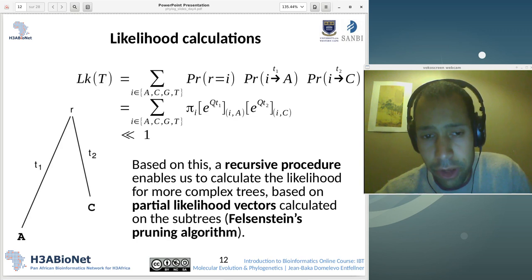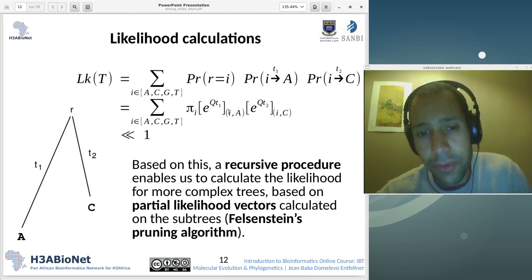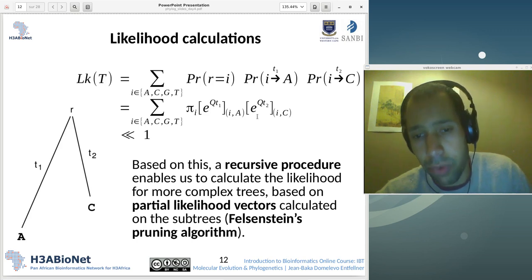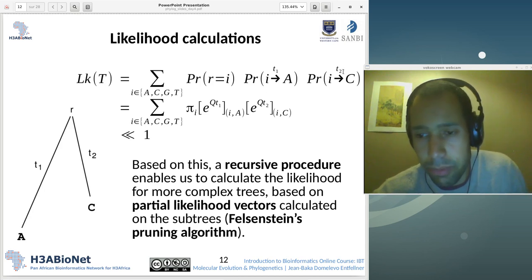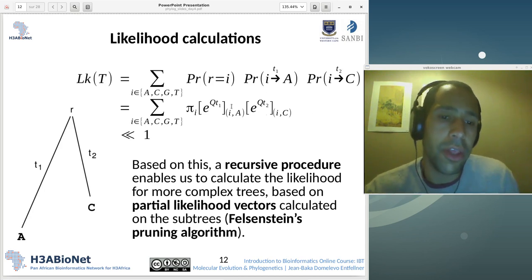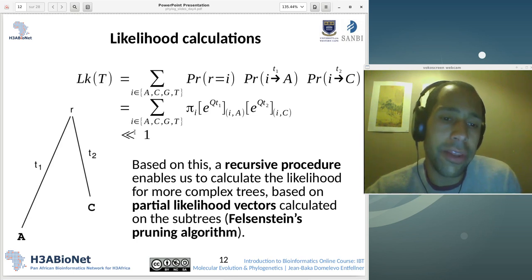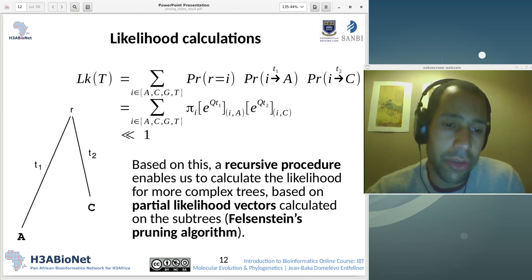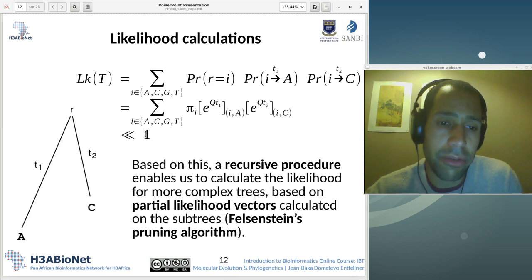The exponential of QT at a certain position is also less than 1, etc. These probabilities are all less than 1 because they are probabilities. So in reality, the probabilities are always very small.